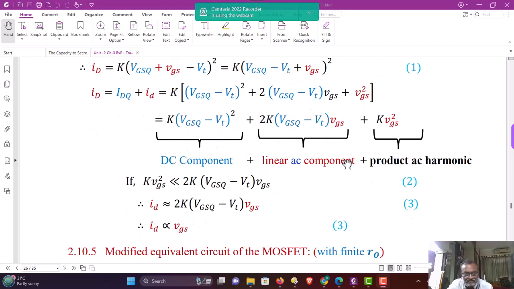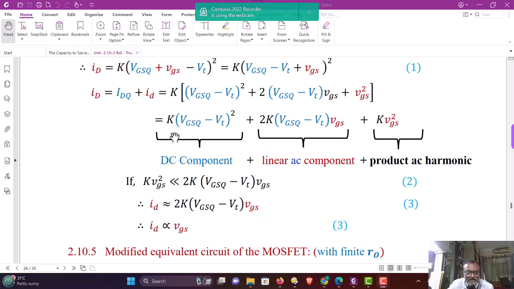In this equation, if K into vgs squared is much less than the middle term, twice K into VGSQ minus VT into vgs, then we can approximately say that id, see the nomenclature, the AC quantity id, is equal to twice K into VGSQ minus VT into vgs.